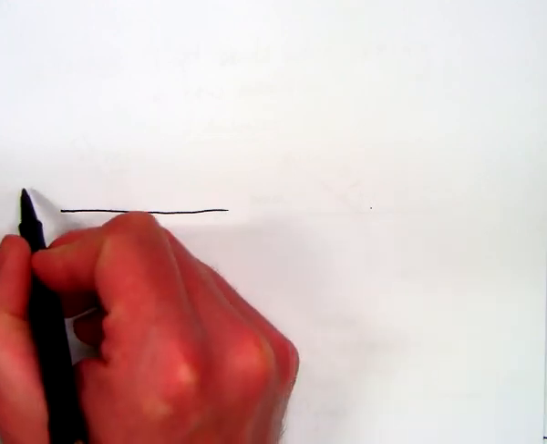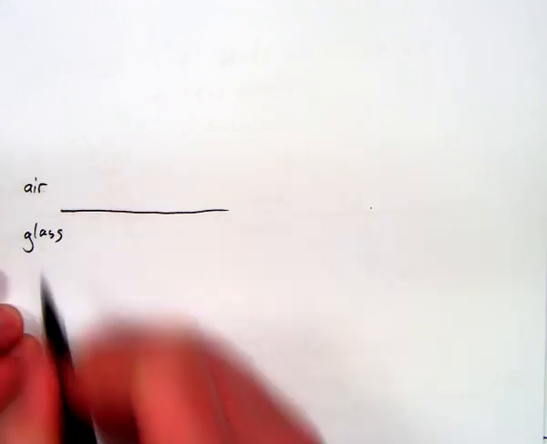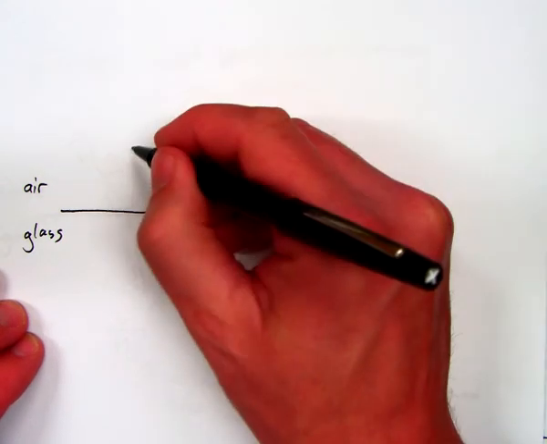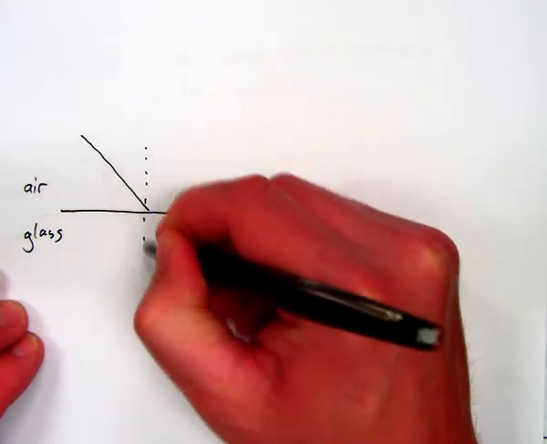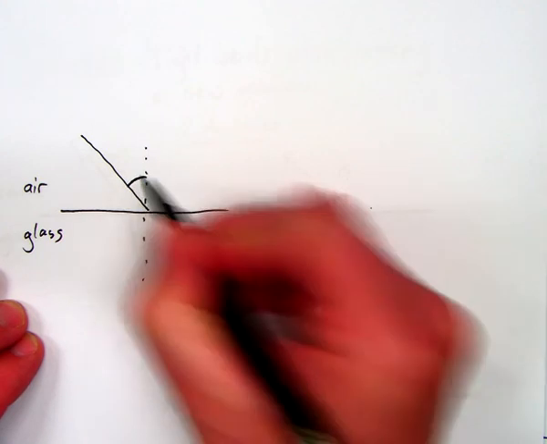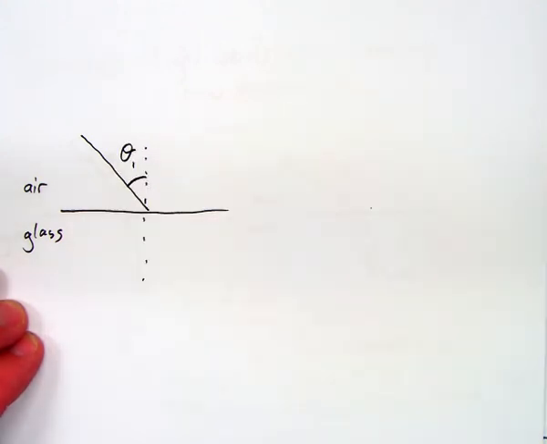So to put it together, refraction: when light travels from, let's say, air to glass, it comes in at some angle perhaps. We always measure that angle from the normal, and we can call this theta 1, the angle in.